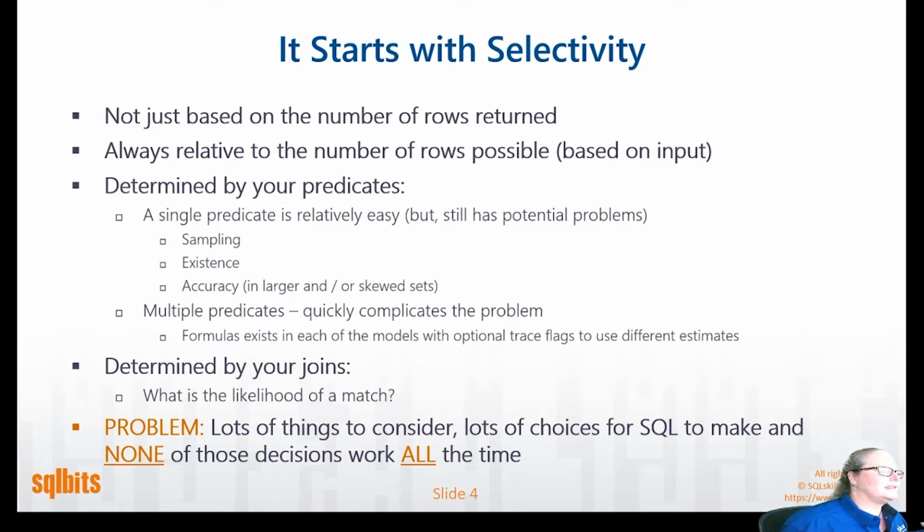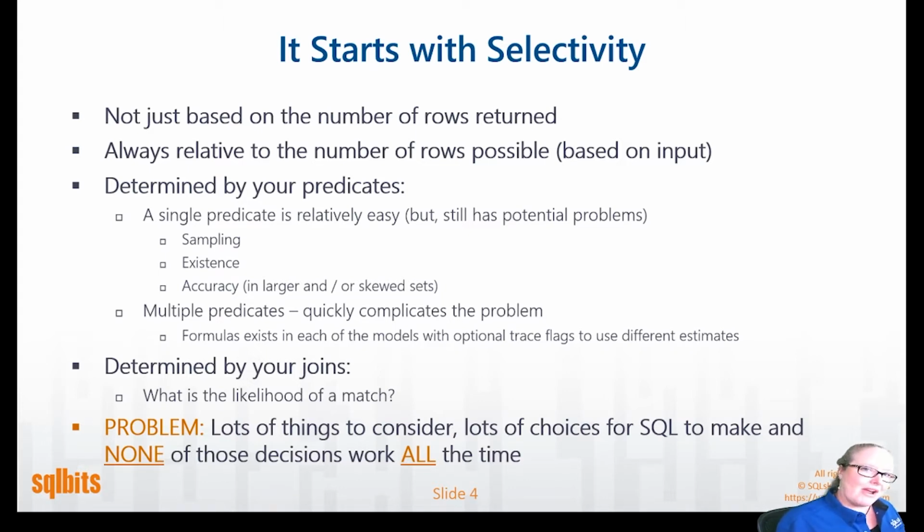I would even argue it's not something you want to waste a lot of your time on, trying to figure out all the individual calculations based on the number of rows. I think it's interesting to know and see some of those things, but I wouldn't get wrapped up in it.